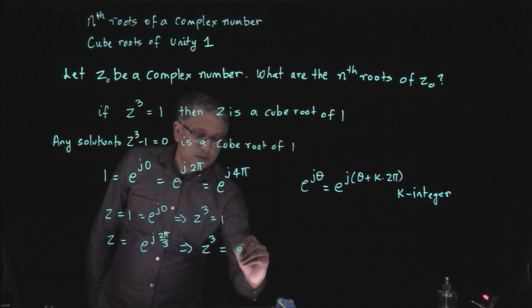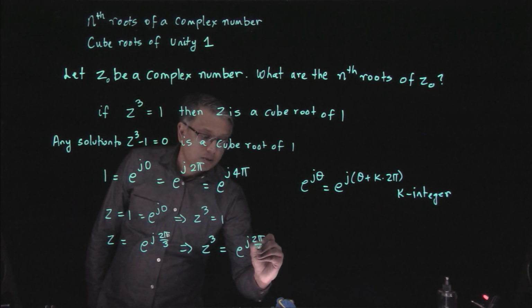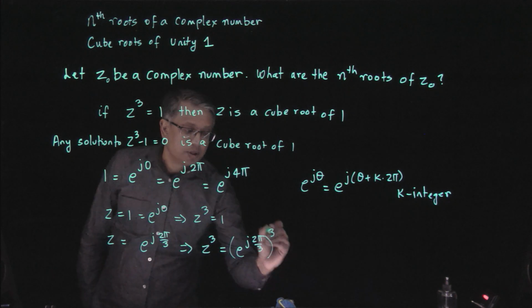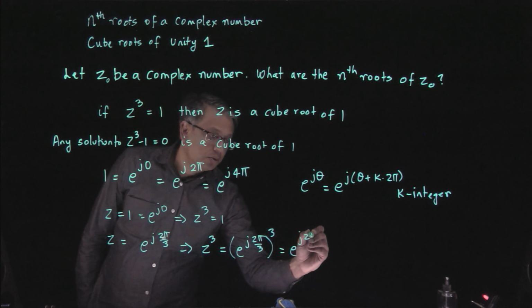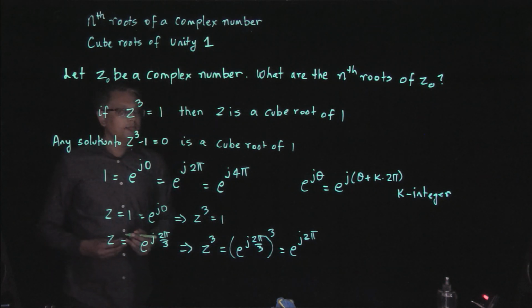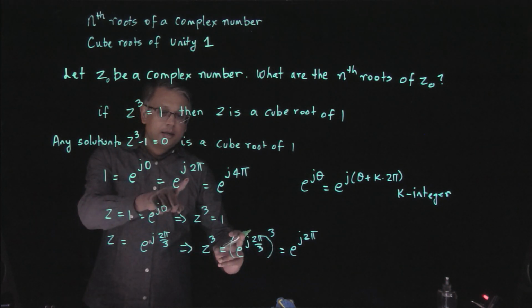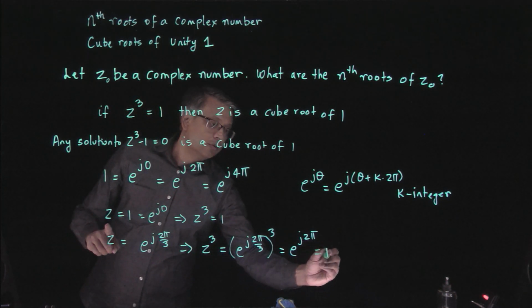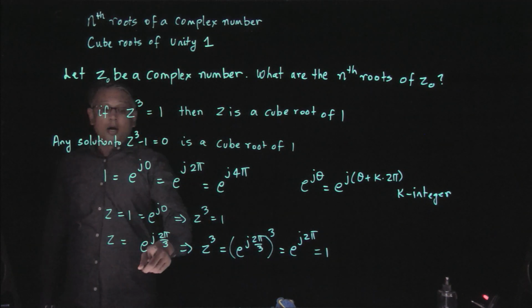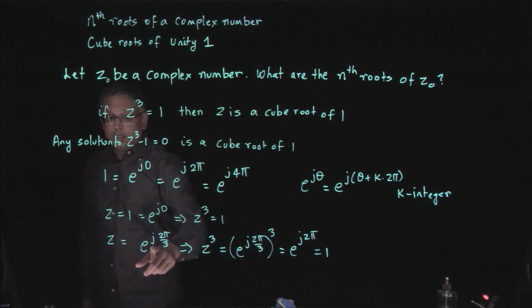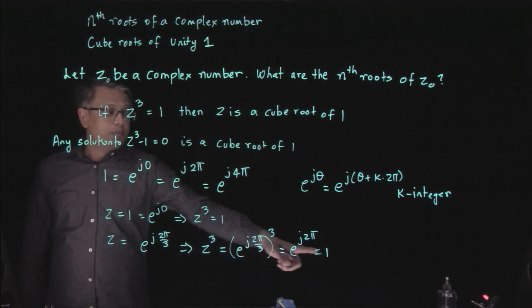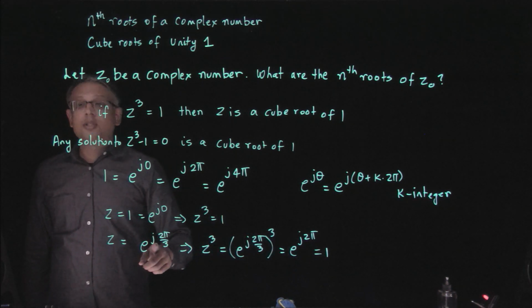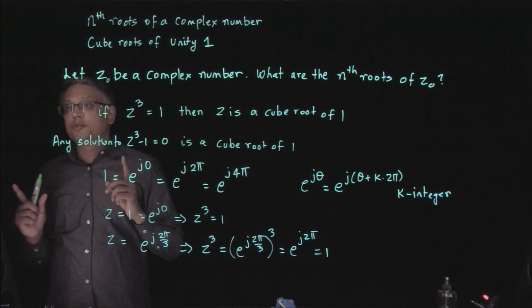So I'm going to get e to the j 2 pi over 3 raised to power 3, which is nothing but e to the j 2 pi. And that is indeed equal to 1. So now I have found a number e to the j 2 pi over 3, which when I cube gives me 1. So e to the j 2 pi over 3 must be one of the cube roots of 1.